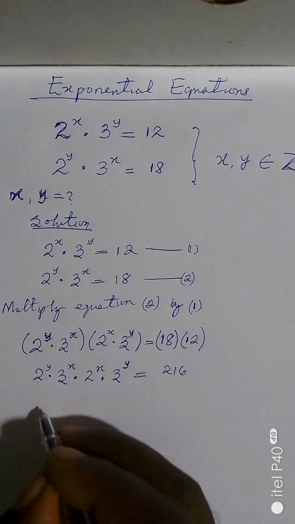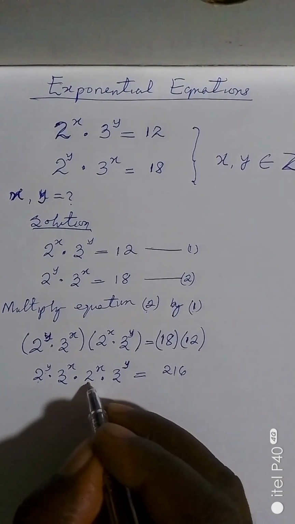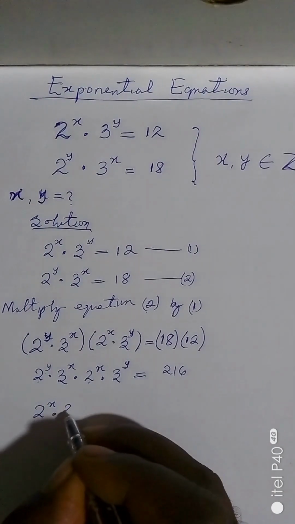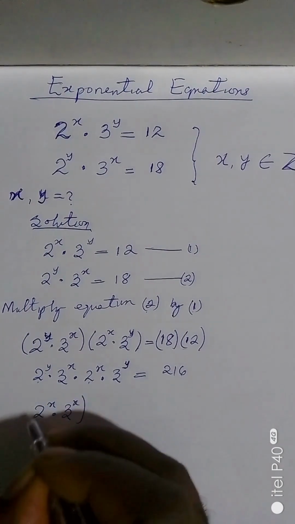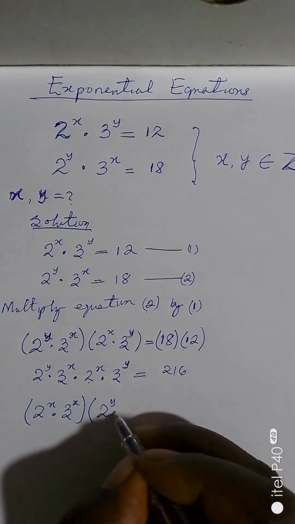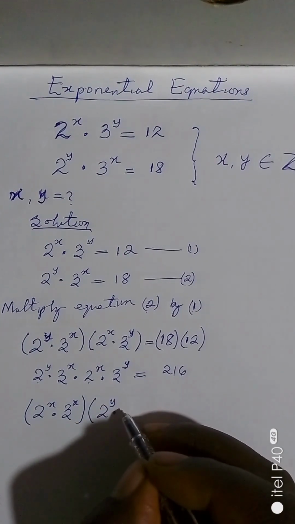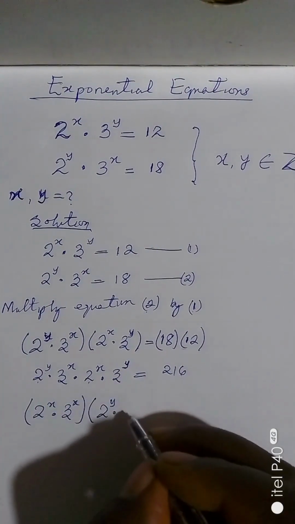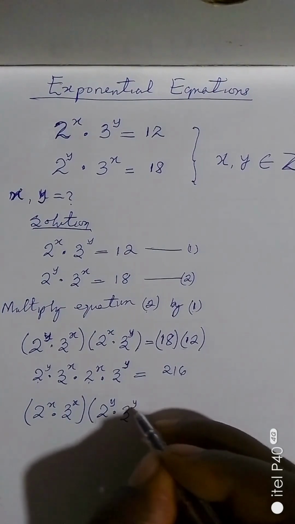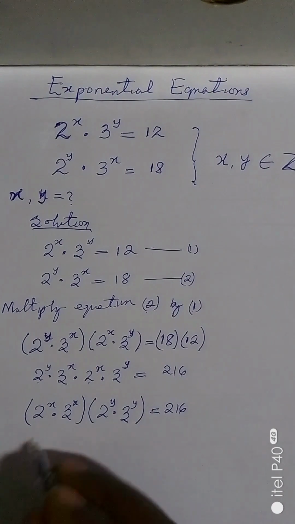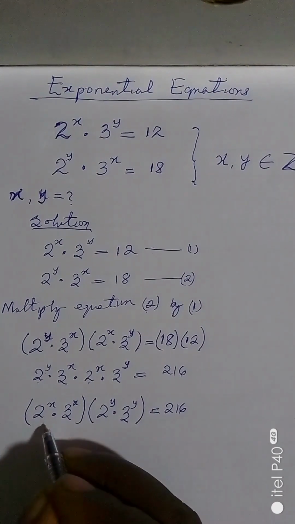So I bring 2 to the power of x dot 3 to the power of x together, and then 2 to the power of y dot 3 to the power of y, equal to 216.